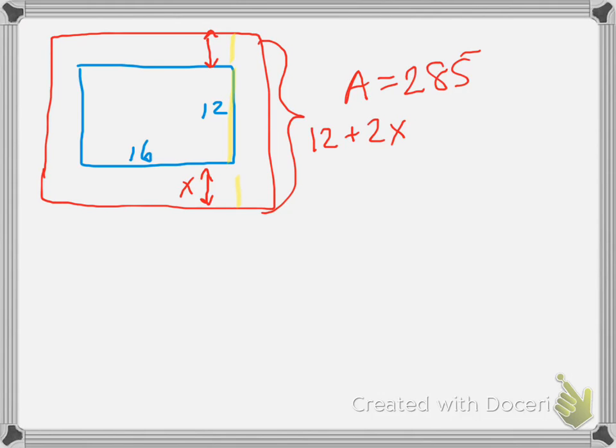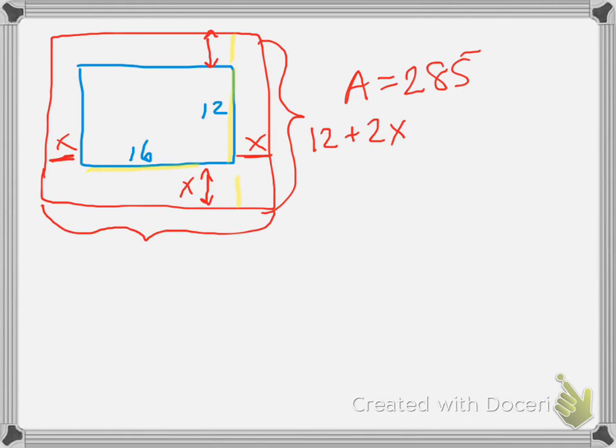So that's the width of the new one. If I talk about the length of the new one right here, the original was 16 in blue, but the distance from here to here is x, and from here to here is x.